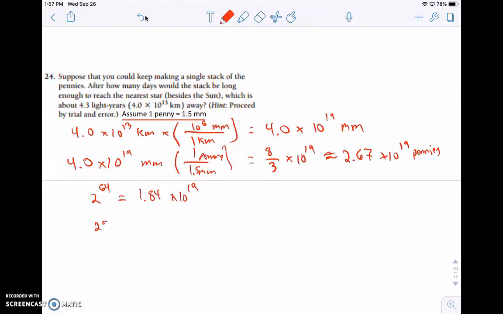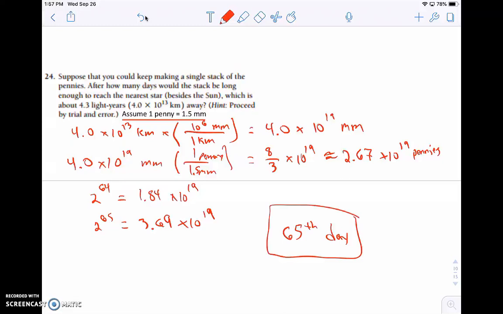Then when I bumped it up to 2 to the 65th power, I got 3.69 times 10 to the 19th. And that's how many pennies I would have on day 65. So it would be the 65th day when you would have enough pennies, if you were able to stack them perfectly, to get all the way to this nearest star, which was 4.3 light years away.